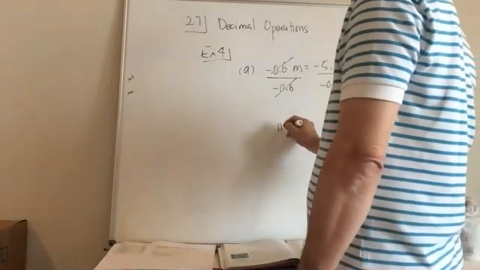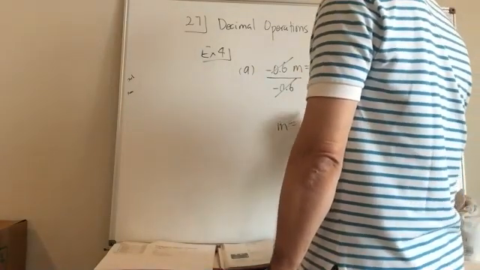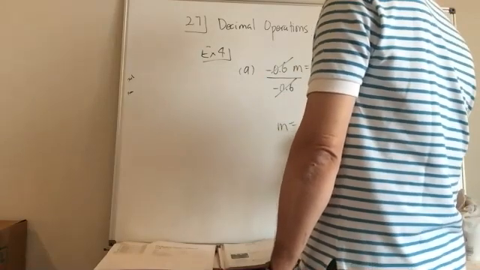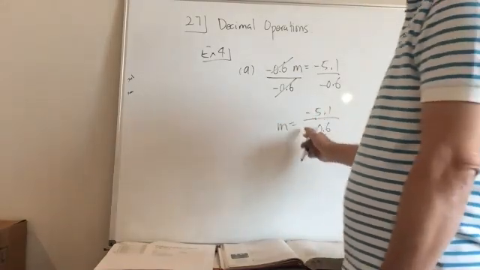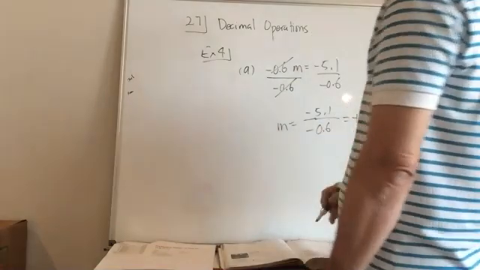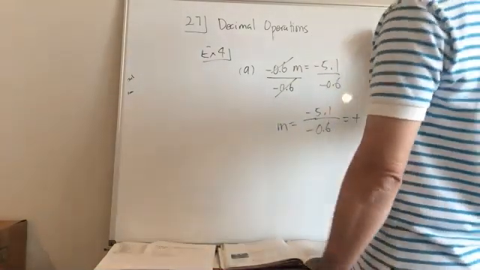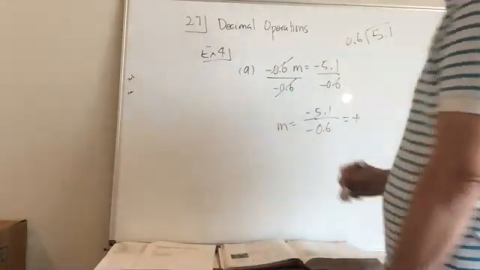I have m is equal to negative 5.1 divided by negative 0.6. A negative number divided by a negative number is a positive number, so the overall number is going to be positive. I just now have to divide 5.1 by 0.6.